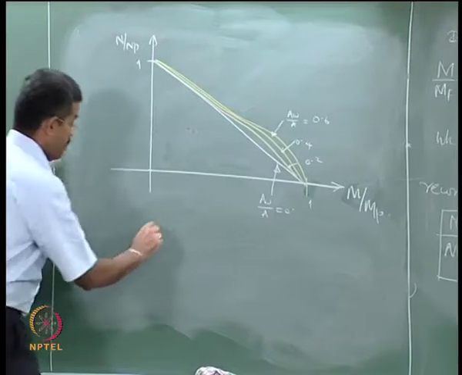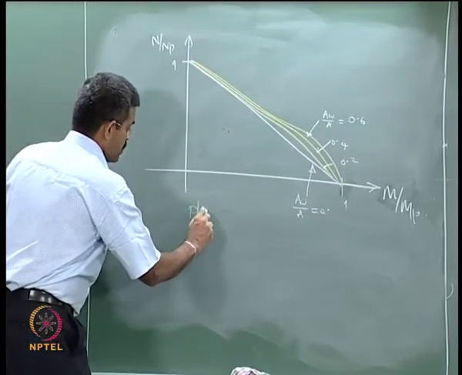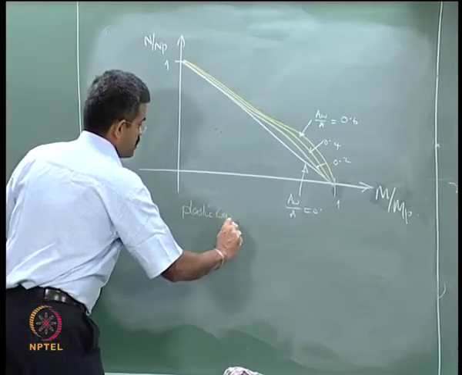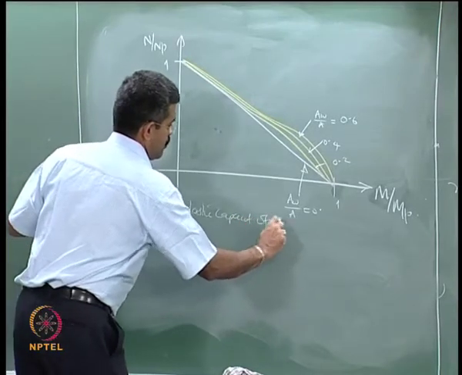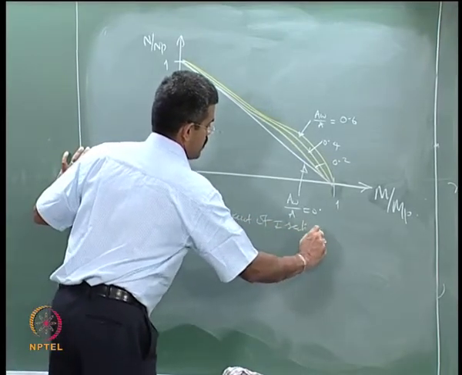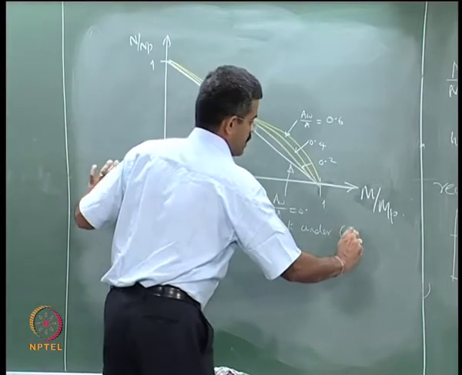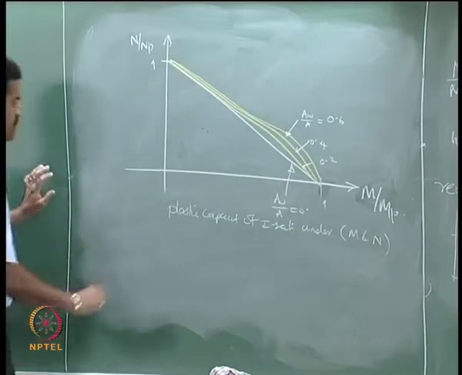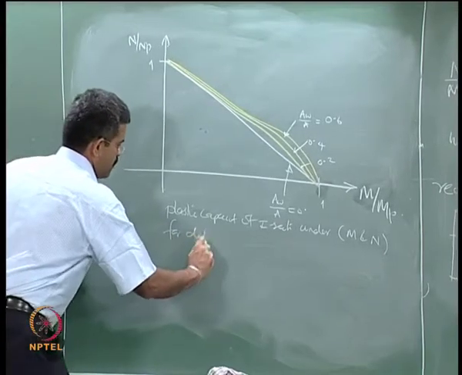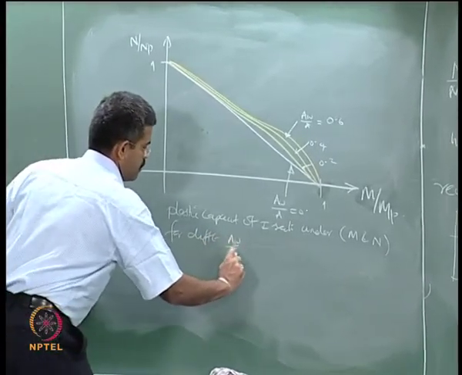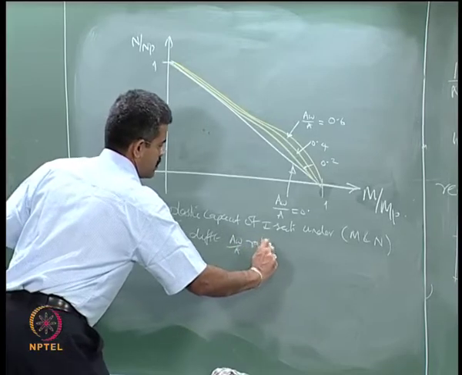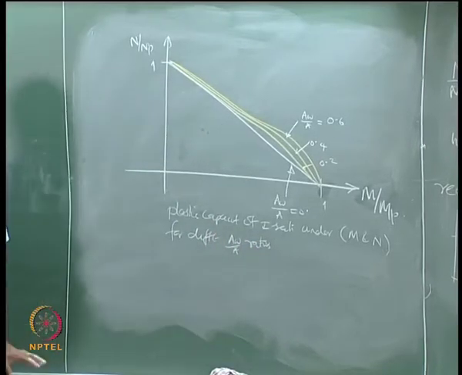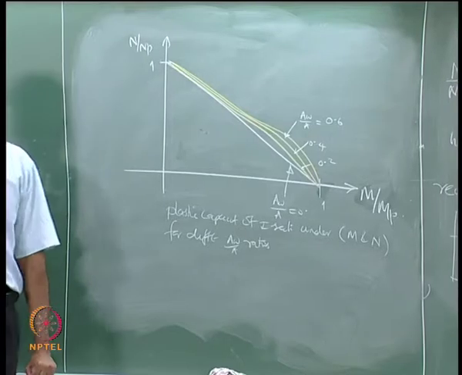So, this is my plastic capacity of I sections under combined action of M and N for different AW by A ratios.